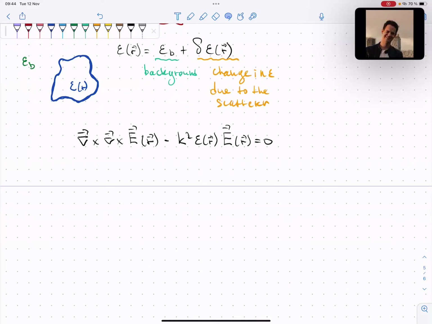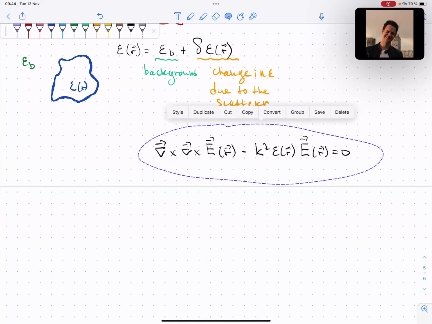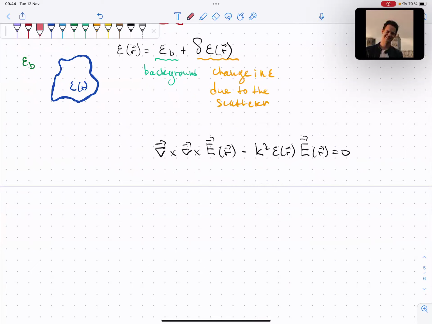But we also say that we have some incident field. This can be a plane wave or a Gaussian beam, laser beam, some Bessel beam, some vortex, and so on and so forth. So for example, we have some incident field E0 of r.